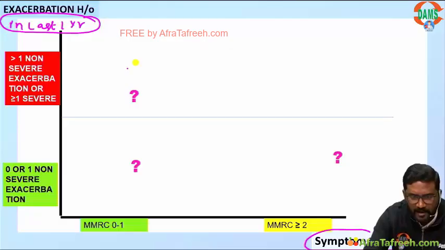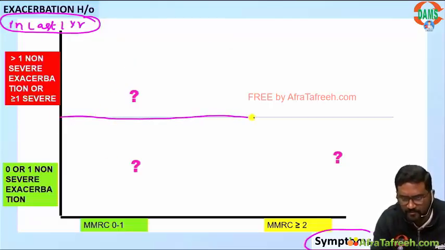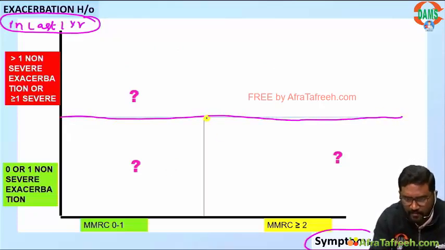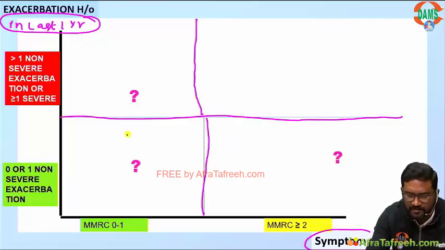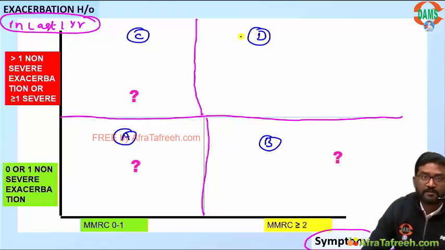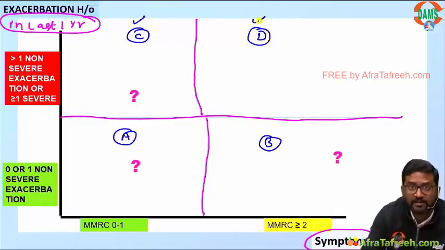Now with the help of a line, I have divided exacerbation. With another line, I am going to divide the patient's symptoms. Now if you notice here, initially we have 4 groups, A, B, C, D. But many studies have shown that C and D actually have the same natural course and same prognosis.